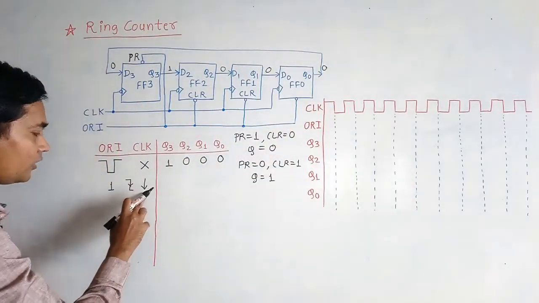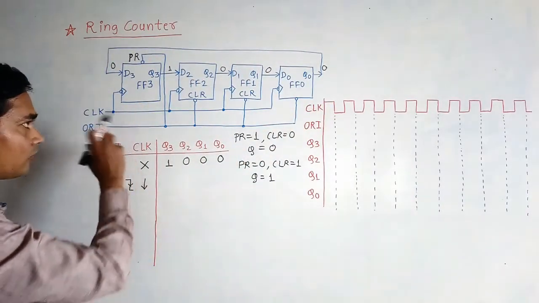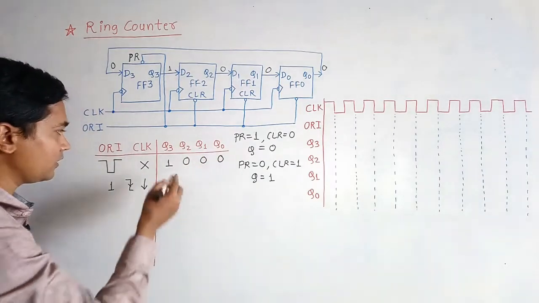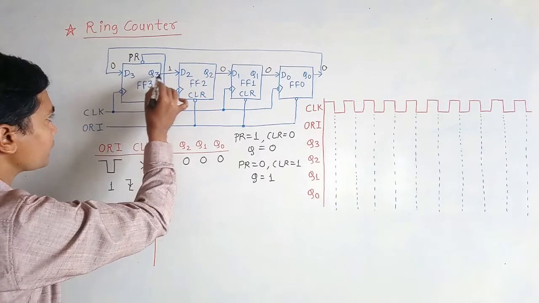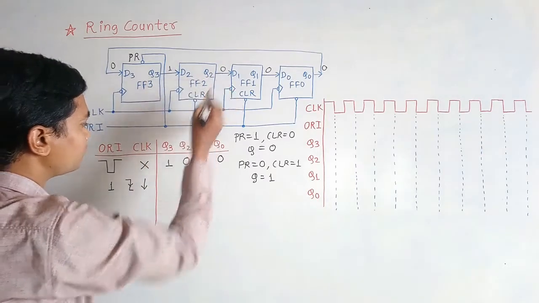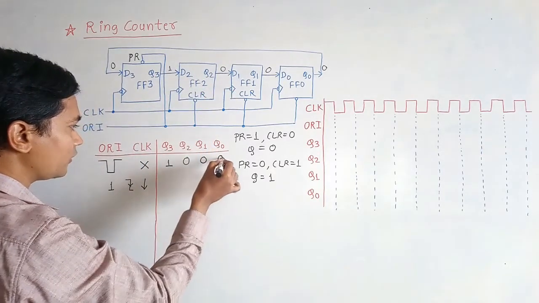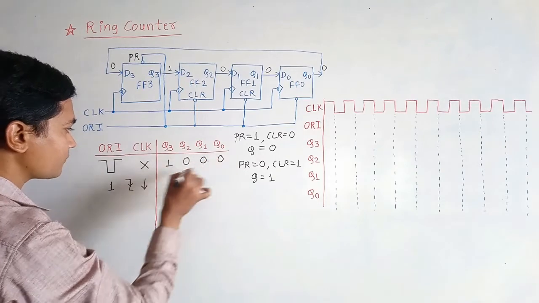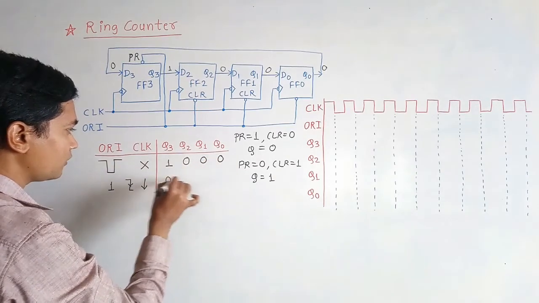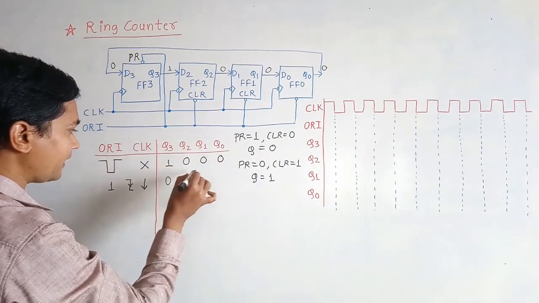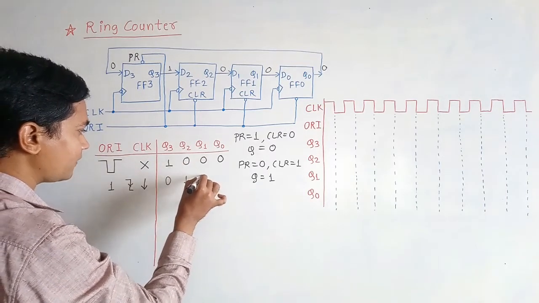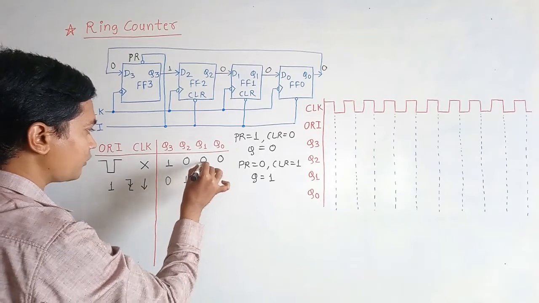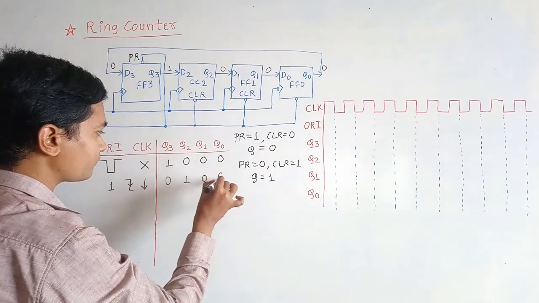Whenever the falling edge is applied to all the flip-flops, this 0 will be shifted to Q3, this 1 will be shifted to Q2, this 0 will be shifted to Q1, and this 0 will be shifted to Q0.